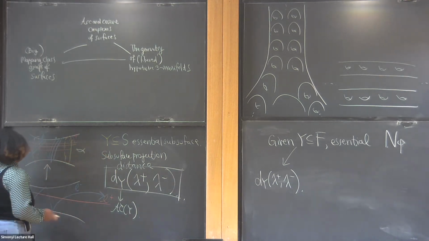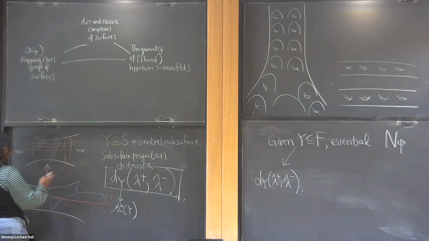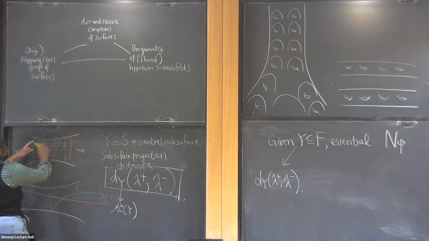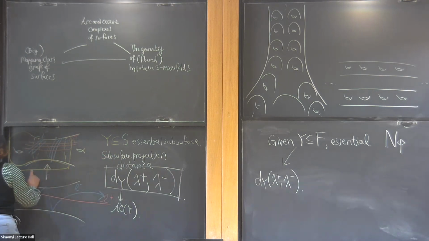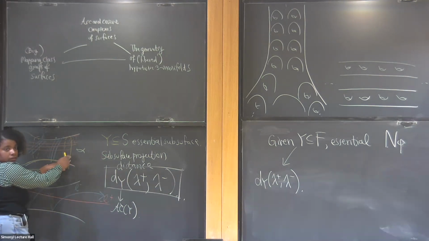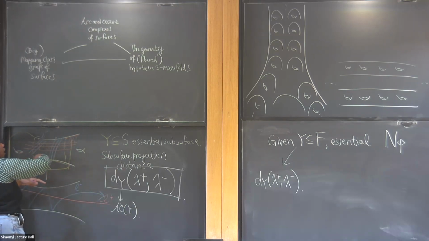Maybe instead of this yellow annulus, I'll take this subsurface. And now they're going off, but they should be coming back. They're always coming back to here. Every single leaf of lambda plus projects to a proper arc.